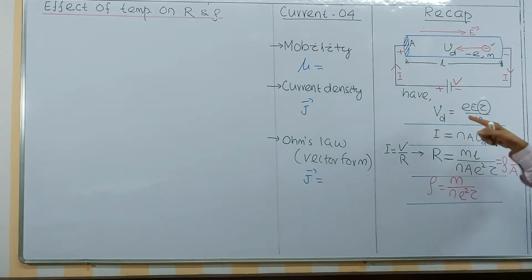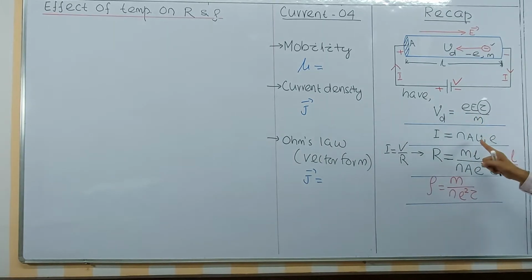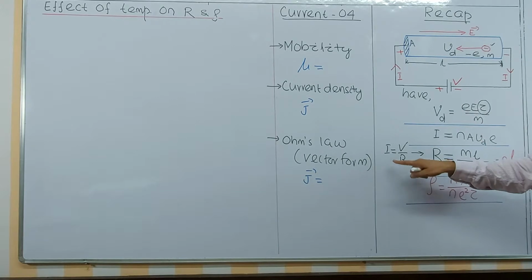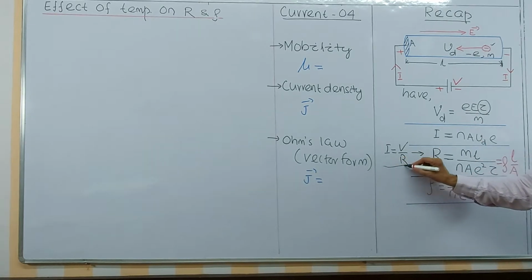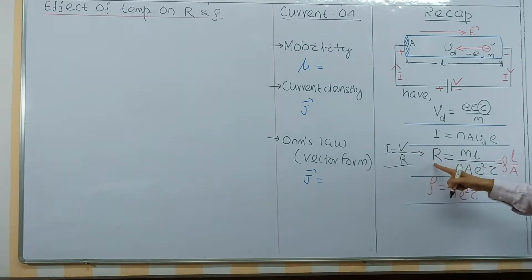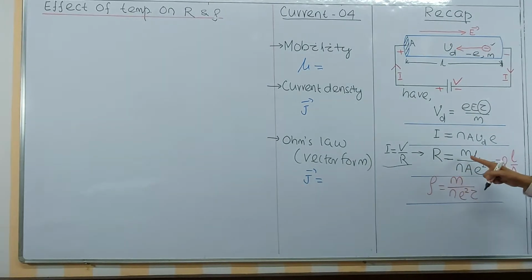Substituting this drift velocity, we get a very well known relation called Ohm's law, in which we get a term R, called resistance, given by ml/(nAe²τ).